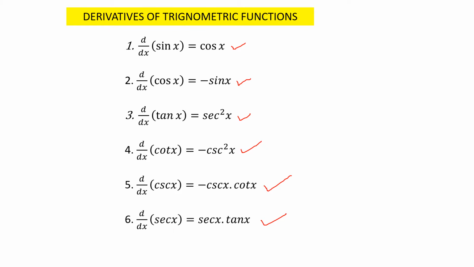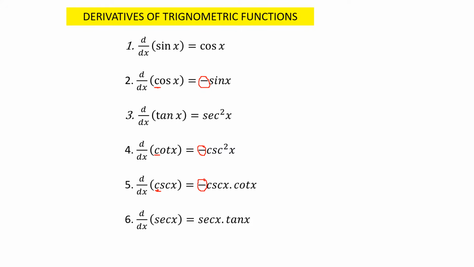So how do we remember this? There is an easy technique to remember the formula. As you see here, there are 6 trigonometric ratios, out of which 3 start from the letter C: cosine, cot and cosecant. So if you see the derivative, you have a minus sign here, a minus sign here, as well as a minus sign here.